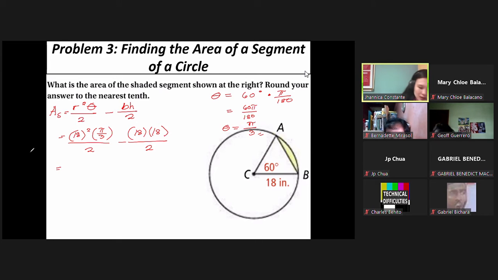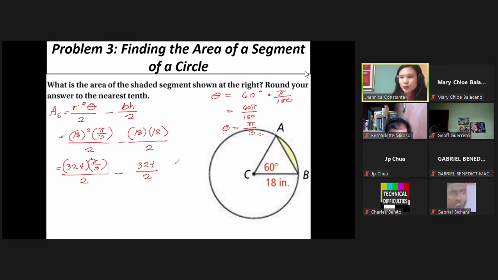So 18 squared is equal to 324 times pi radian over 3, divided by 2, minus 324 over 2.